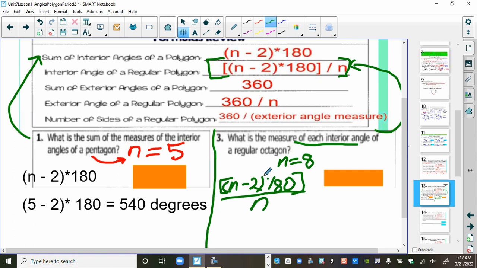All right. So all you're doing is just plugging it in. Eight minus 2.